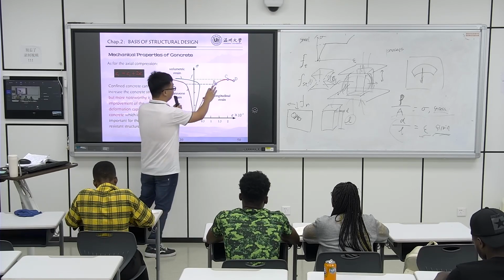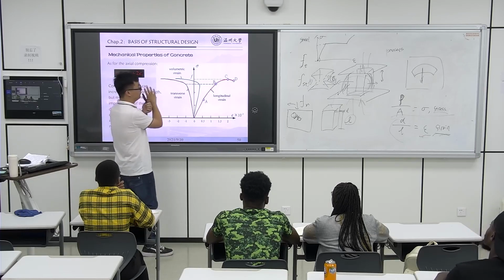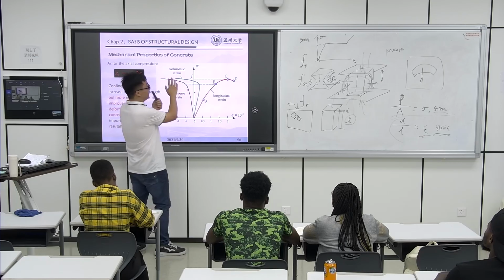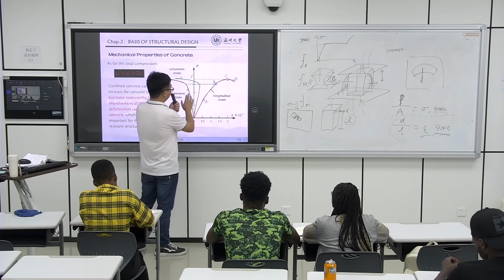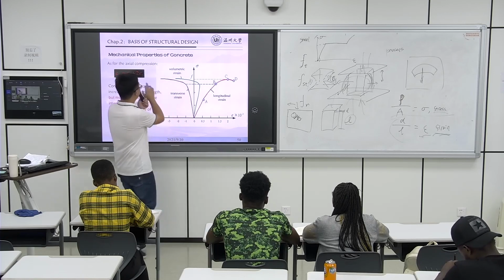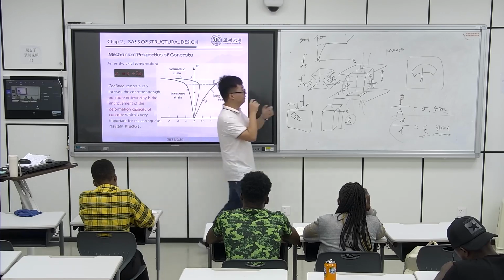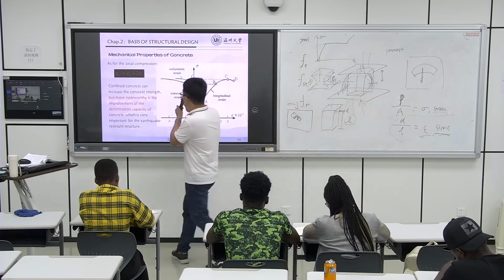But in this period, from this formula, the volumetric strain increases because in the transverse direction there are two sides, in this side and in another side.